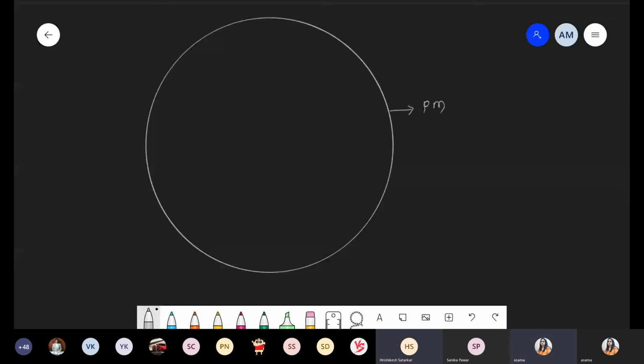Okay, anyone please take a screenshot of ma'am's notebook, the whole part. Take a photo. Which part? Someone please take a photo and send it, please. Rishikesh, see.